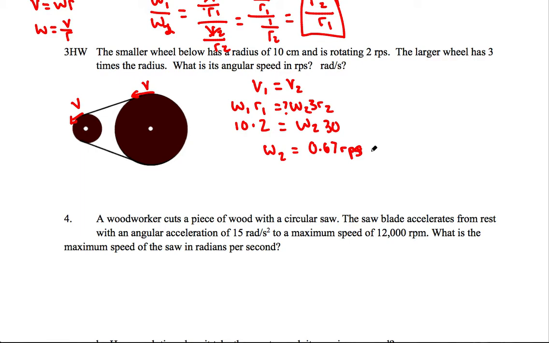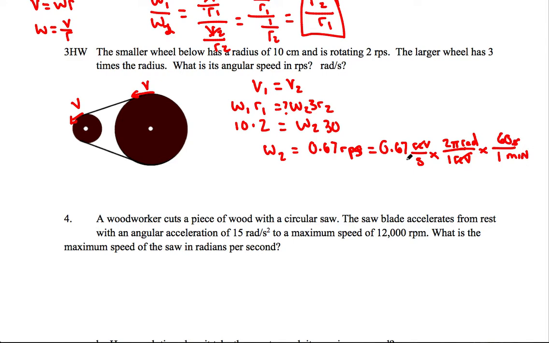And if we want to convert that, this is 0.67 rev per second. We want to convert that to radians per second. 1 revolution is 2 pi radians, so that gets rid of the revolutions.